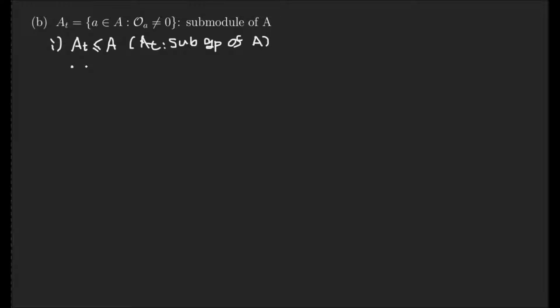And the identity: in the additive group, the identity 0 is clearly in A. Then our claim is that the identity 0 in A is also in AT.